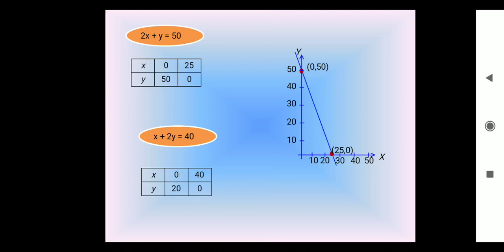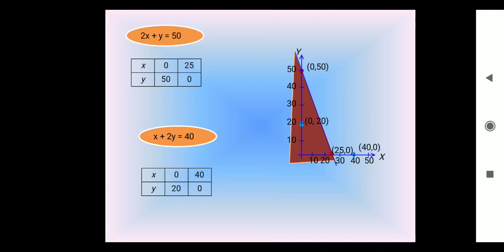Let us join these 2 points and observe the first inequality, which is less than or equal to 5000. When we substitute x and y as 0, we obtain 0 less than or equal to 5000, which is a true result, hence shading towards the origin. Let us consider the remaining 2 points, that is 0, 20.